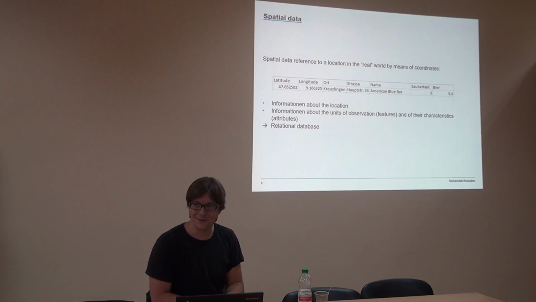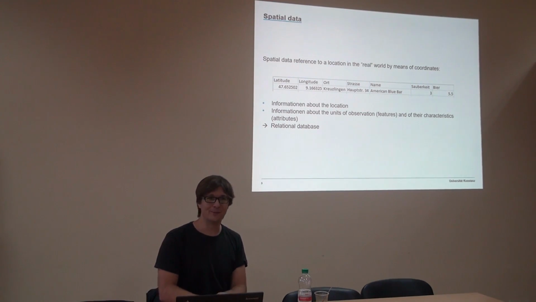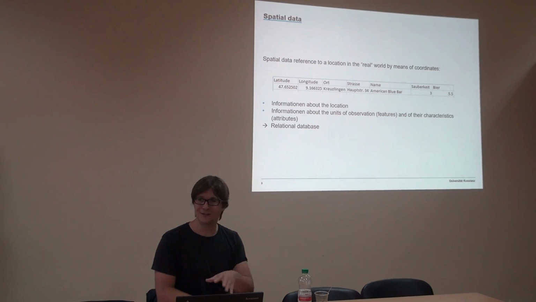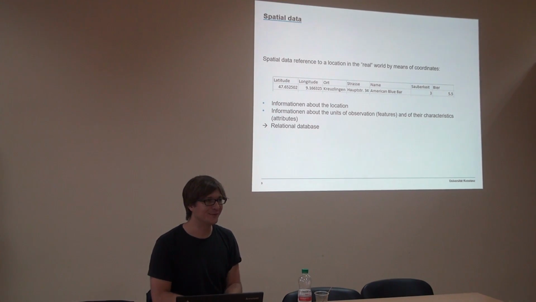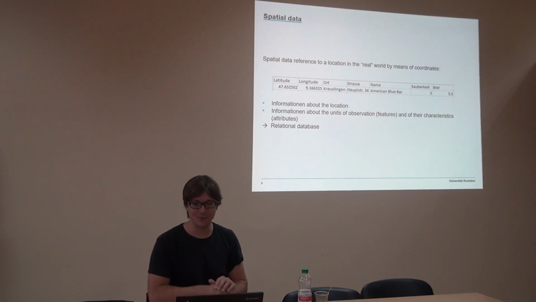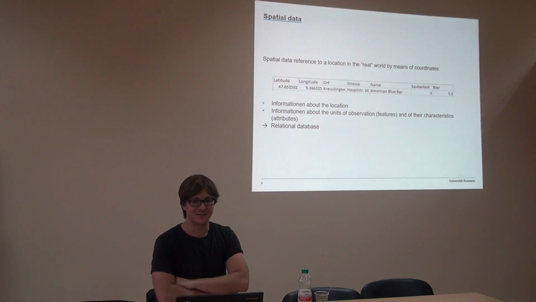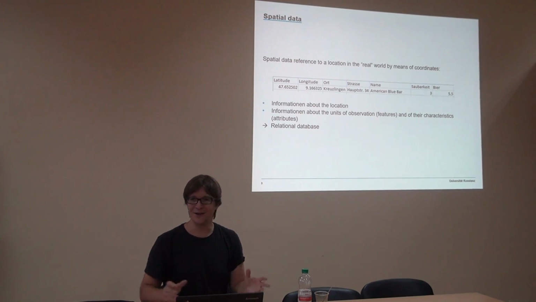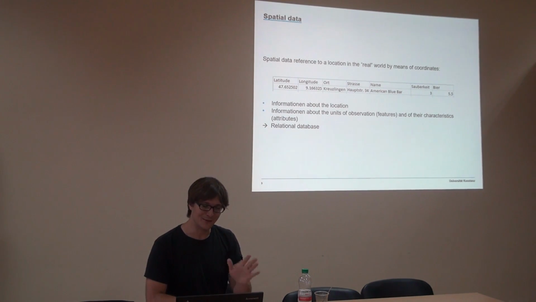We did a small student research project where we mapped all the bars in Konstanz and Kreuzlingen, and we had to evaluate how clean these bars are and what the cost of a beer is. In the American Blue Bar, one beer costs 5 francs 50, which is okay for Switzerland, but still for Germans it's pretty expensive.